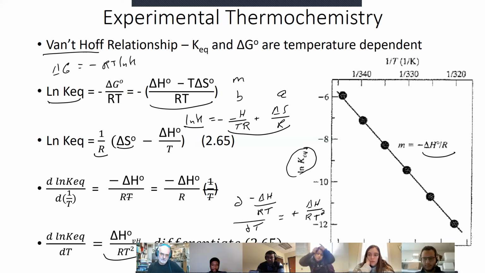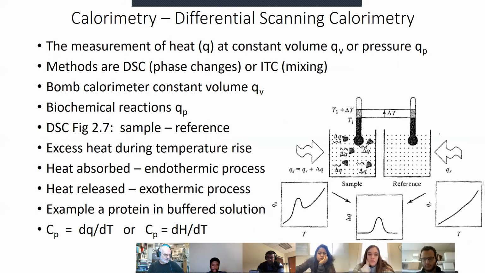This chapter in this version of the book, when Ken went to multiple authors on his textbook, added a method section to this chapter. And the method section covered calorimetry because at this point, calorimetry measures the amount of heat which can be equated to the enthalpy at constant volume or constant pressure, depending upon the method.